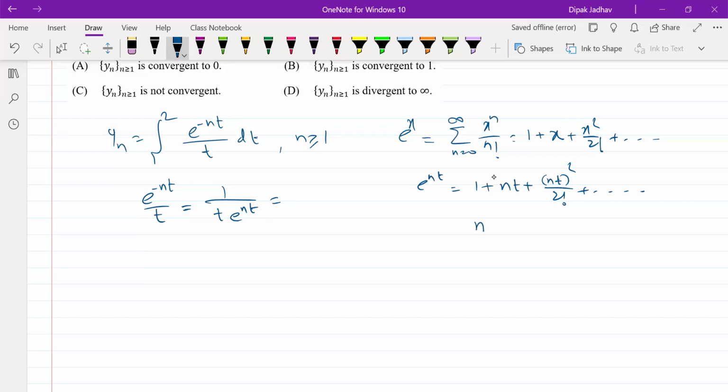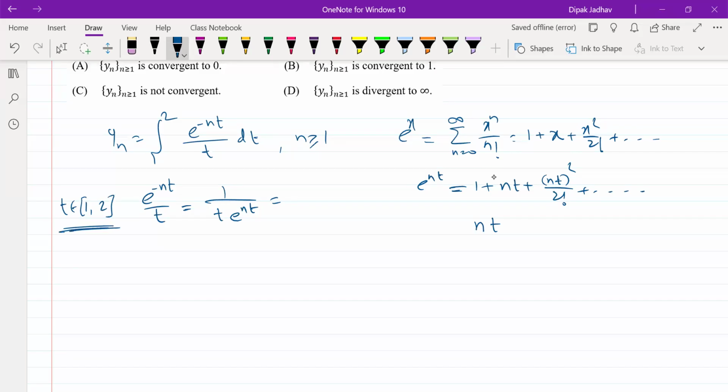So what is the relationship between nt and e raised to nt? Which one is bigger and which one is smaller? That also depends on t, but here t belongs to the closed interval 1 comma 2. So t is positive.